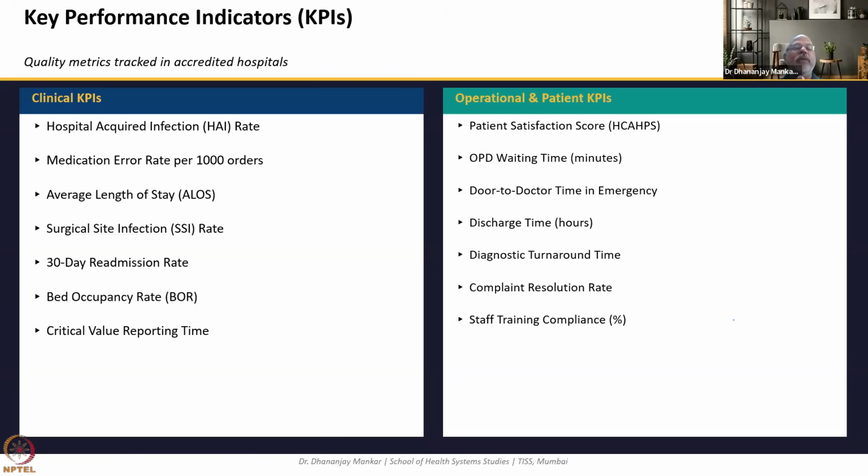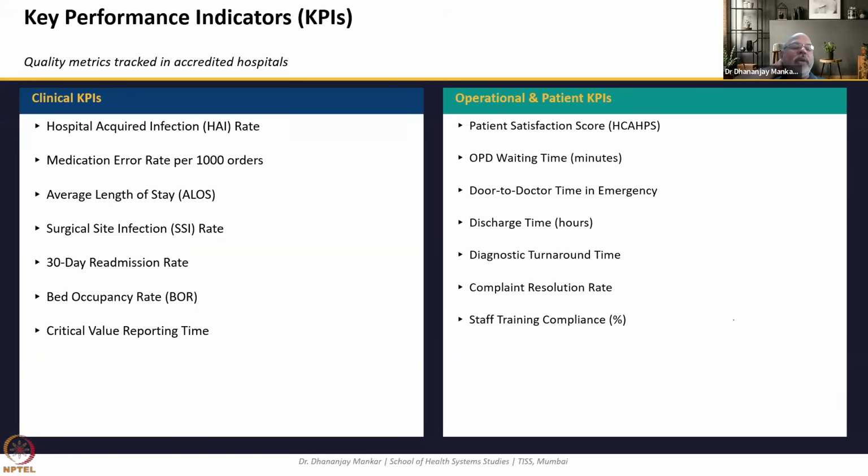Not only that, there are KPIs for all these issues. Take the bed occupancy rate: if you are working on it, particularly to understand why a hospital's bed occupancy rate is very poor, with respect to the services offered you may find some reason, and your RCA will give you the answer.